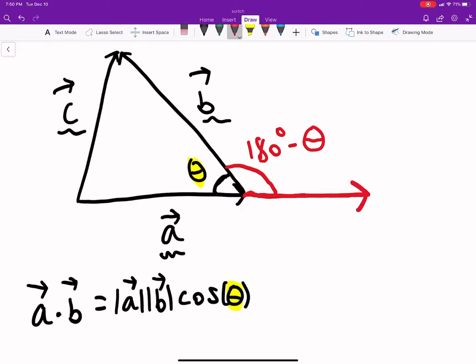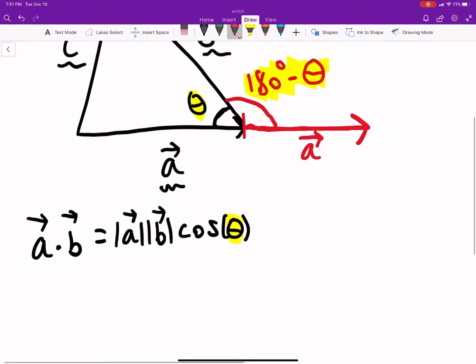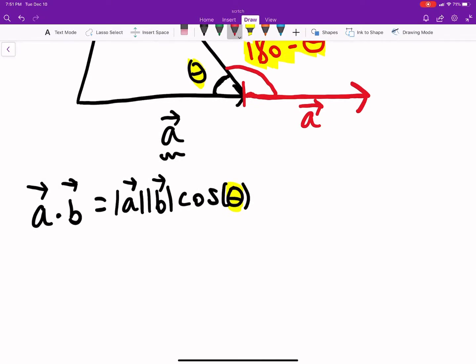We can move vectors. Now, the angle between A and B, theta, which is what I have highlighted, is this, 180 minus the theta there. So imagine if I just moved A over here. Hopefully that makes sense. That's the theta we're talking about. Okay. So we have A dot B is equal to all this stuff.